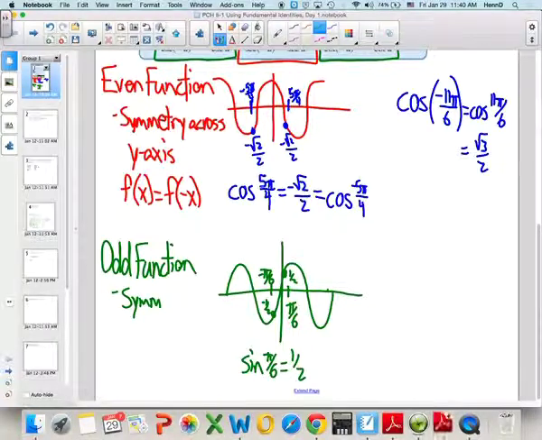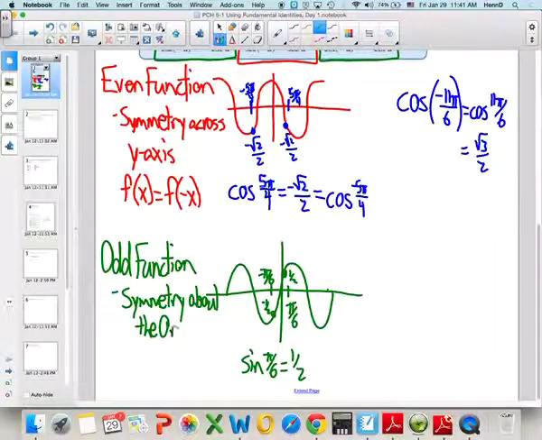So it's a reflection across the y-axis and then the x-axis both, and we have what's called symmetry about the origin.